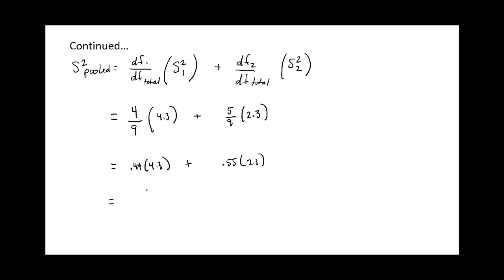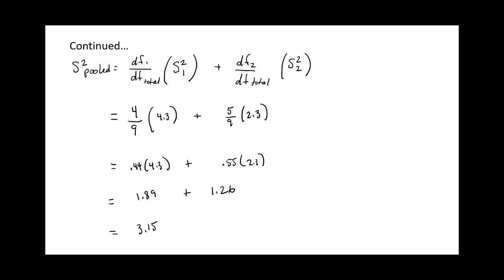And then we keep doing math, and that equals 1.89 plus 1.26, which equals 3.15. So the pooled variance for these two groups is 3.15. So the total amount of variance between these two groups is 3.15. That's 3.15 outbursts if you're playing along with the example.